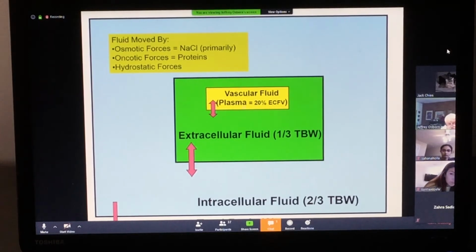And proteins are sequestered and maintained within the plasma. They're kept and held inside the plasma. So that's going to be a force that moves fluid from the interstitium back into the vasculature. That oncotic pressure, that oncotic force of the proteins in the vasculature.